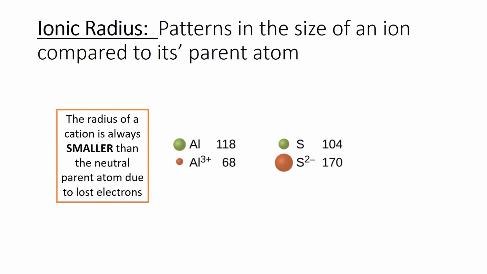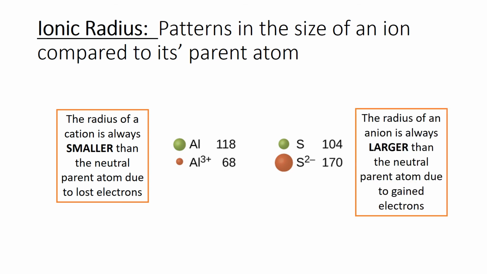And you're removing the valence electrons, so essentially you're removing that outer energy level of that atom. Now, in contrast, when an anion is formed, you're adding electrons, you're gaining electrons. And what you'll find is that the radius of an anion will always be larger than the neutral parent atom due to those gained electrons.